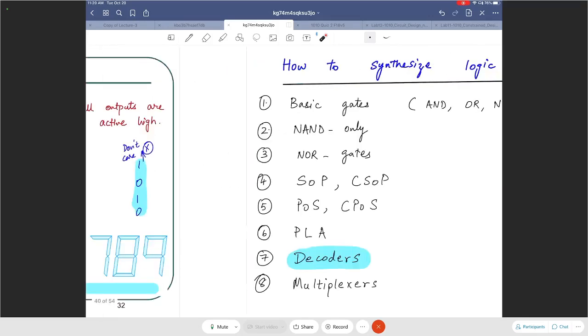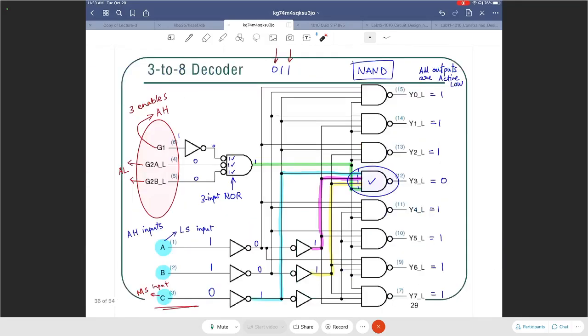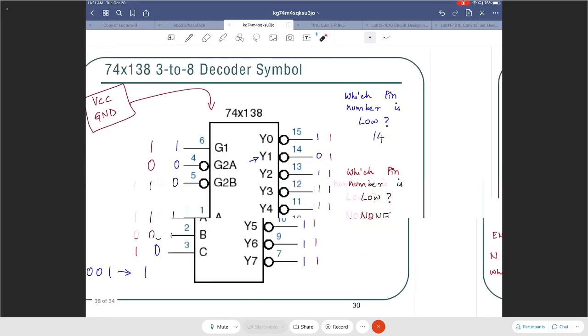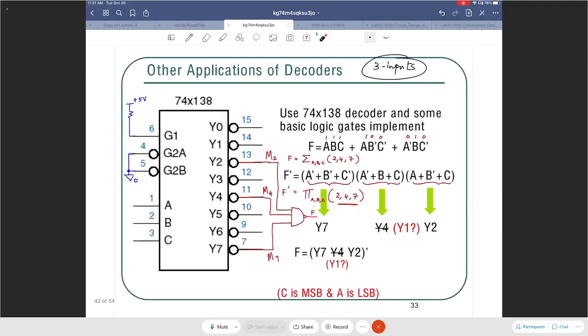If I go back and take a look at the chip itself, we said C is the most significant input, A is the least significant input. That's exactly right. So if C is the most significant input, I need to connect this to A, that to C, that to B.